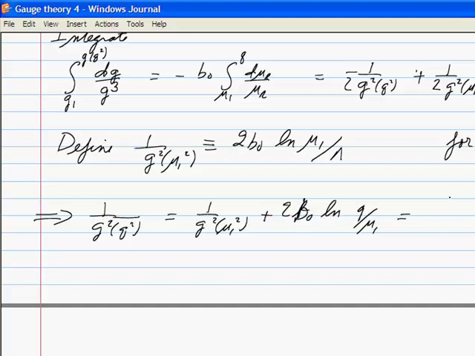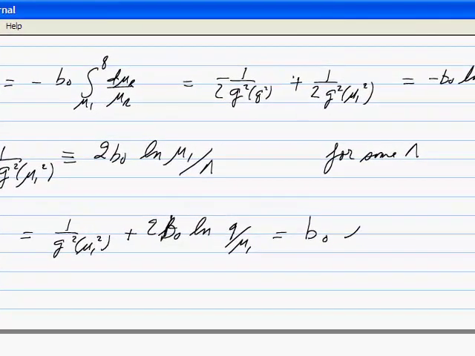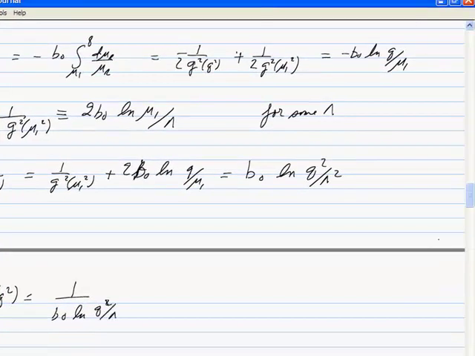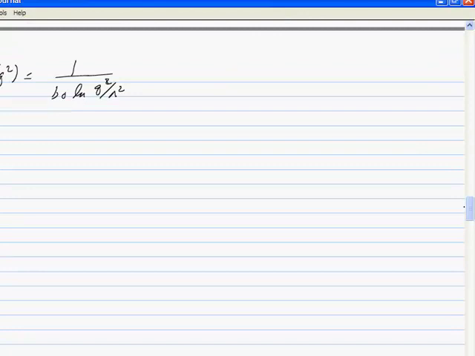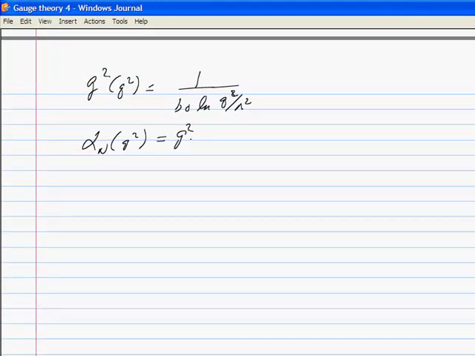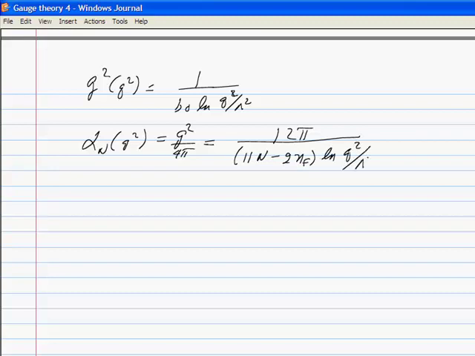The mu1s cancel out, and this becomes b0 log q squared over lambda squared, so that then g squared of q squared is 1 over b0 log q squared over lambda squared, and alpha_s of q squared, g squared over 4 pi, is then 12 pi over 11n minus 2 times the number of fermions, times log of q squared over lambda squared.